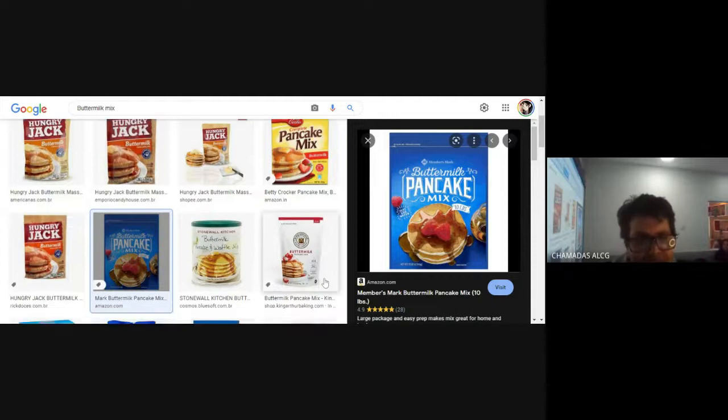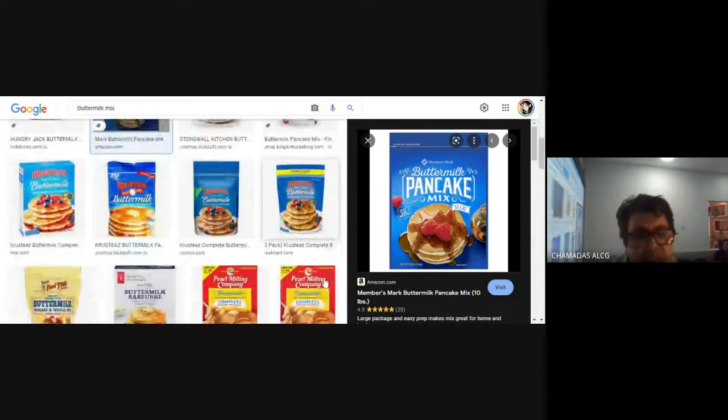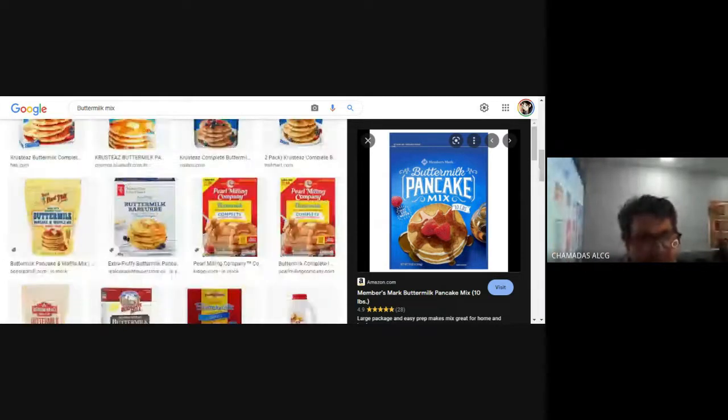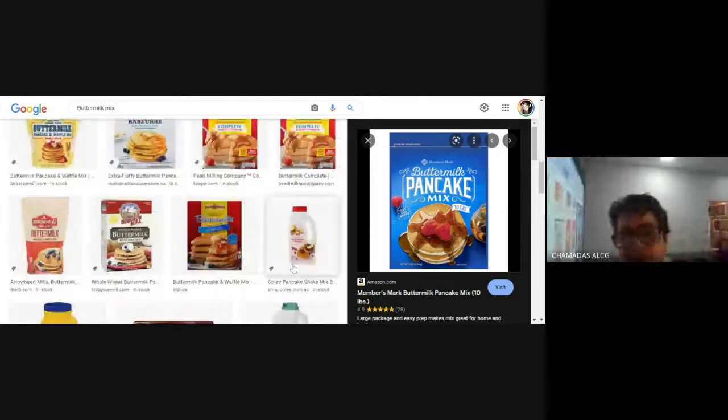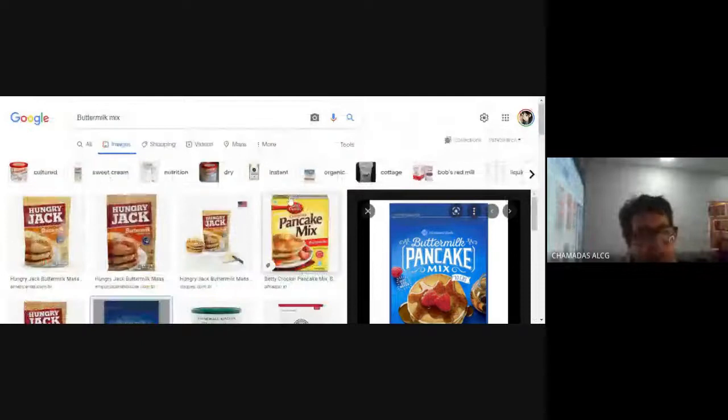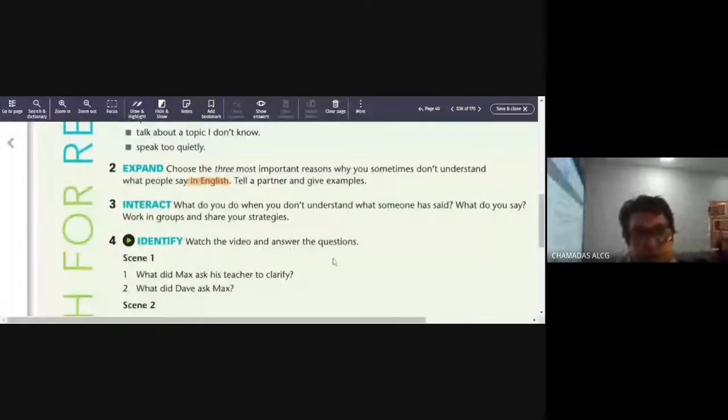Look, there are different brands of buttermilk pancake mix. Since the boys need to have butter and milk, Max understood buttermilk because buttermilk is the mix. This is what he needs. Did you notice that he asked, have you passed by the supermarket yet?